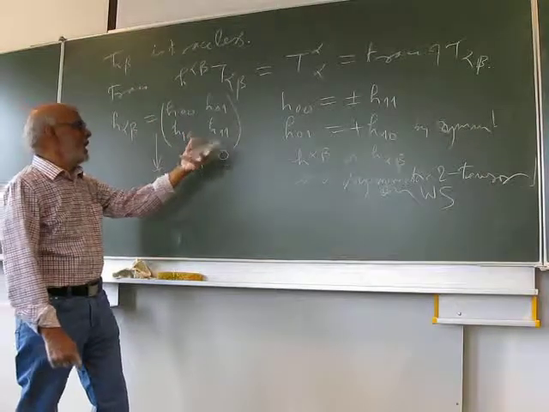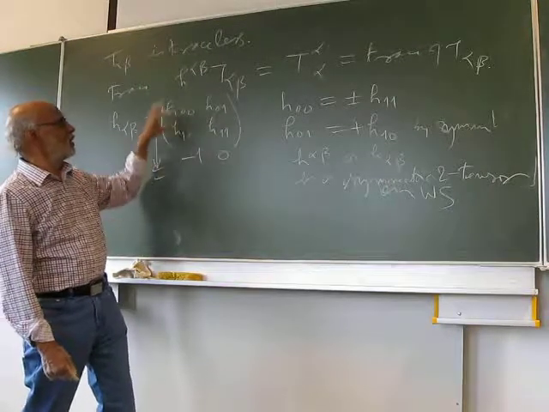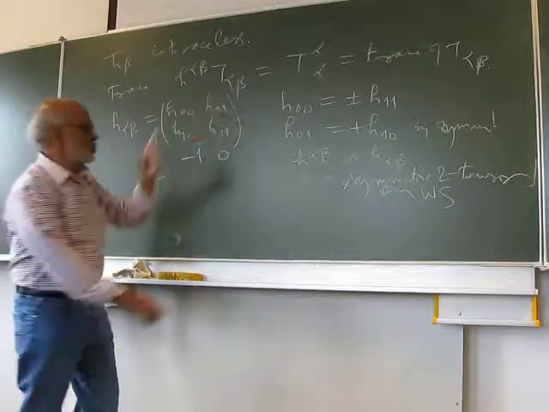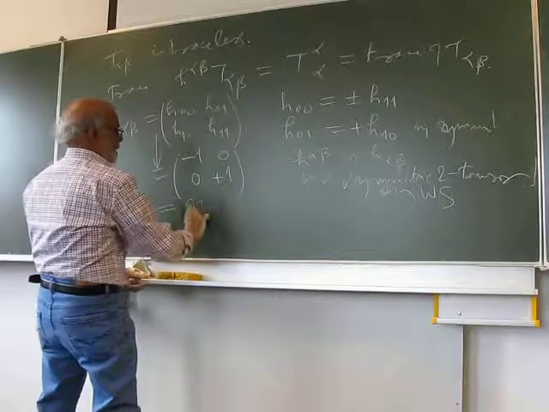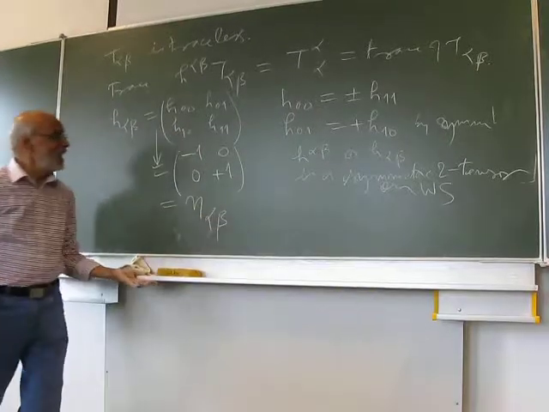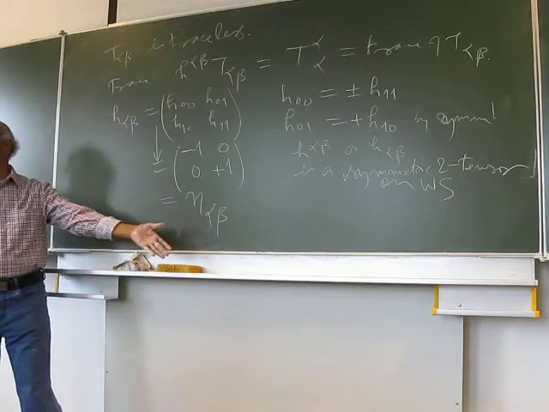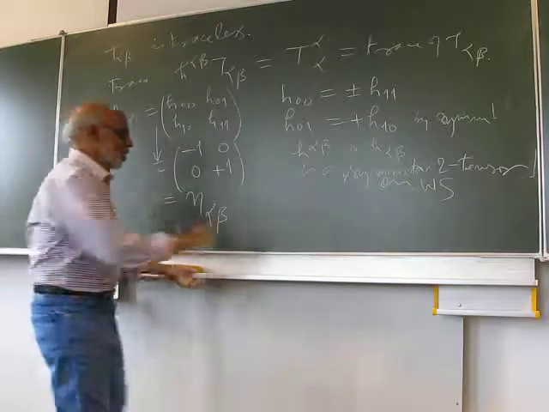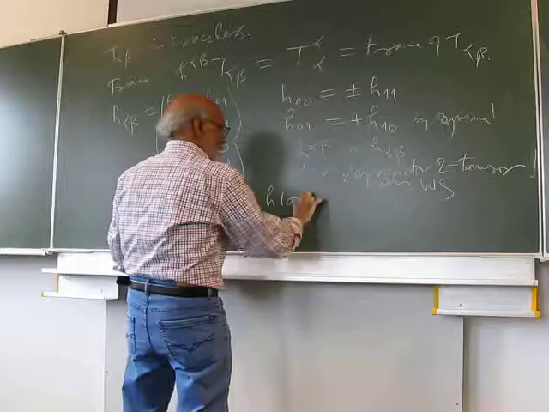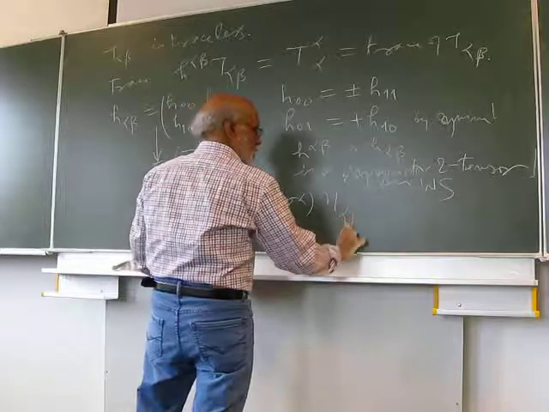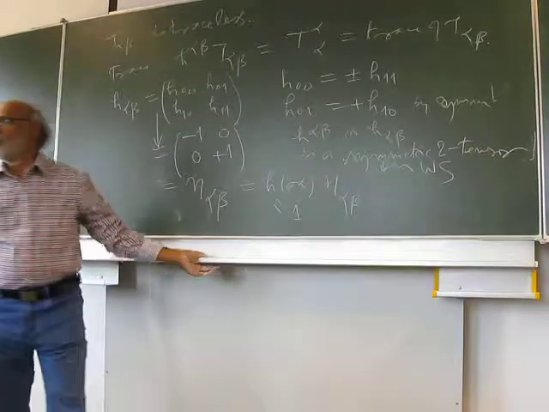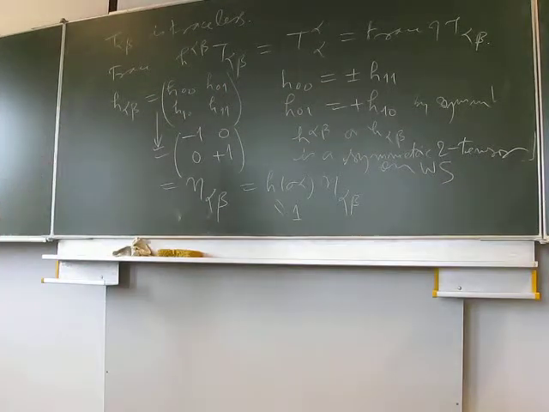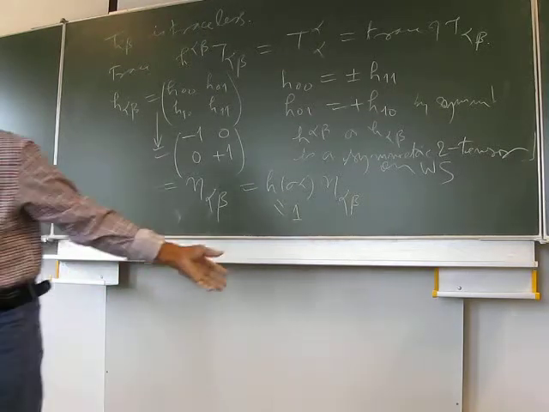And I can just set this equal to 0, then this becomes 0. I set this equal to minus 1, then this becomes plus 1. So apparently I can take H alpha beta to be this, and in fact it's not like this, it is actually H of, and this is taken as 1. So we will talk about it next time, and this is because of the conformal invariance.